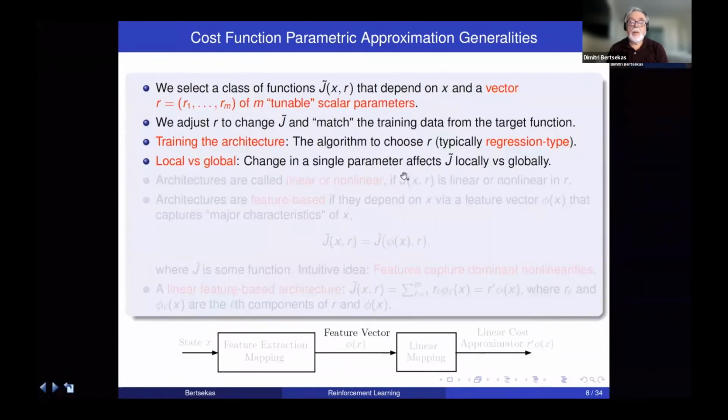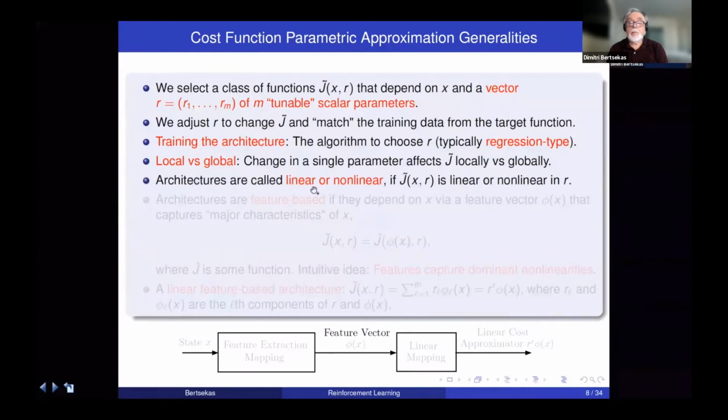A local approximation is one for which changing a single parameter affects J tilde only in a small part of the state space, locally. By contrast, a global approximation is one where changing a single weight, a single parameter, affects the approximation over the entire state space. We'll see examples of both shortly.